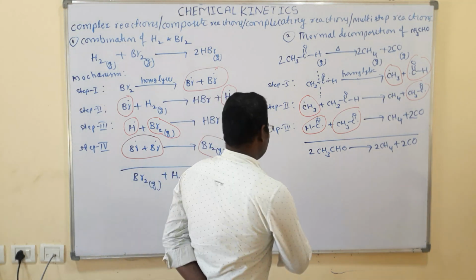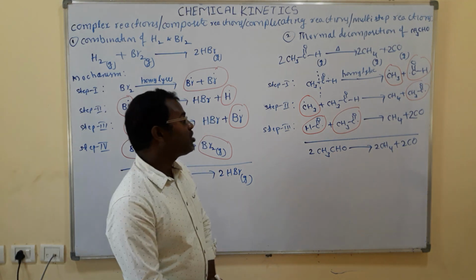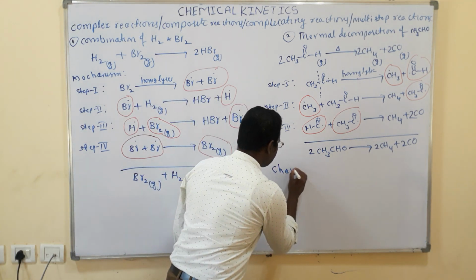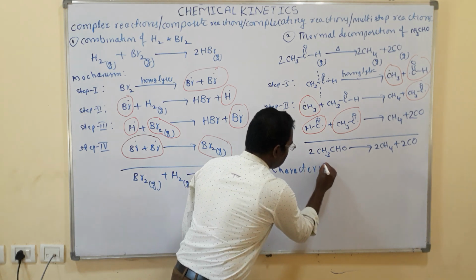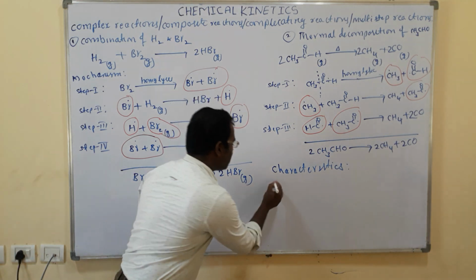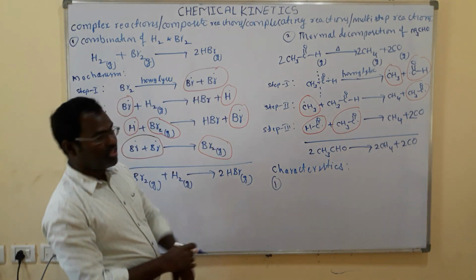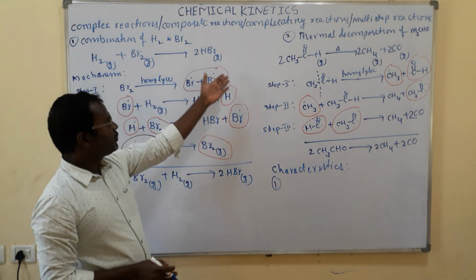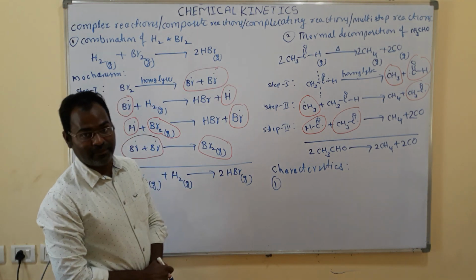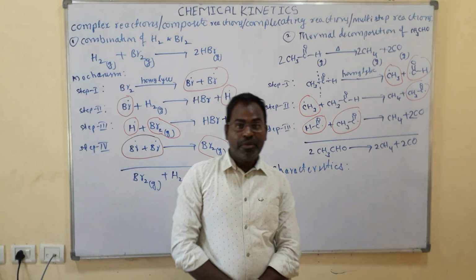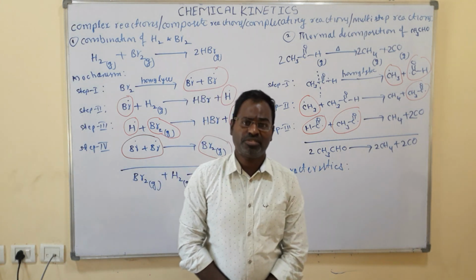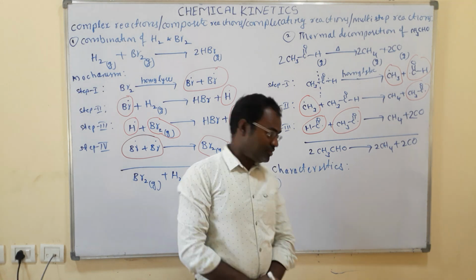Okay, so now we have to take the important characteristics of these complex reactions. These complex reactions take place in multiple steps. So the first characteristic is that all complex reactions occur in multi-steps.